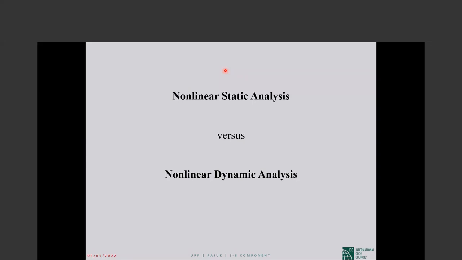So even if you select one, though when you apply record 2, the building is gone. 3 is fine, 4 is collapse, 5 is something else. So sensitivity to input. Therefore, nonlinear dynamic analysis is mainly used when you have the record.